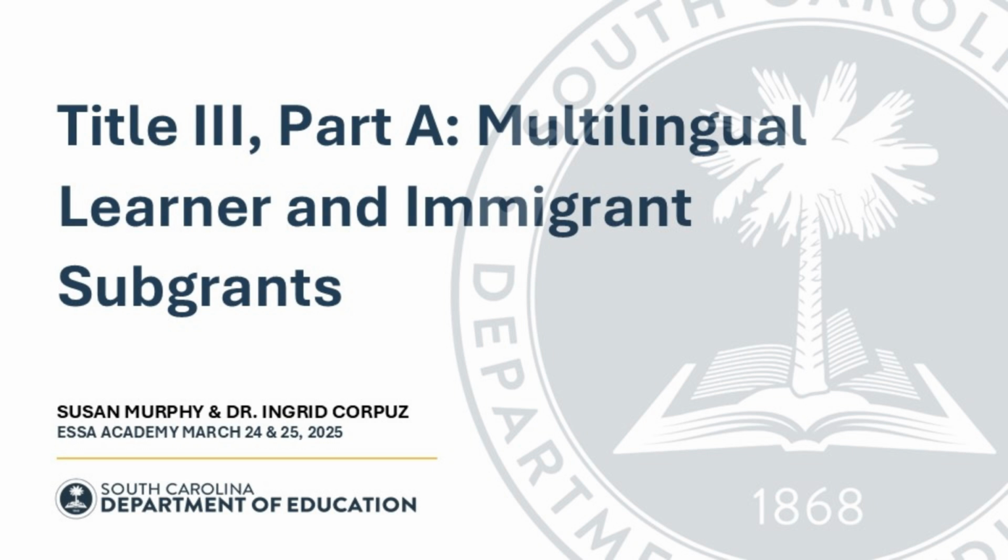The second example, the district has a greater number of multilingual learners, 1,464. We multiply by the same per pupil amount, and that shows how much the district is going to receive.